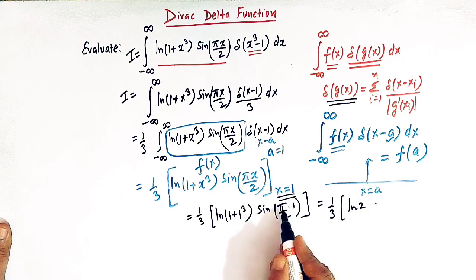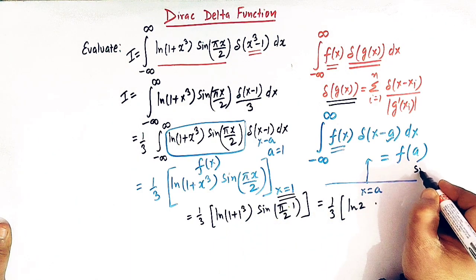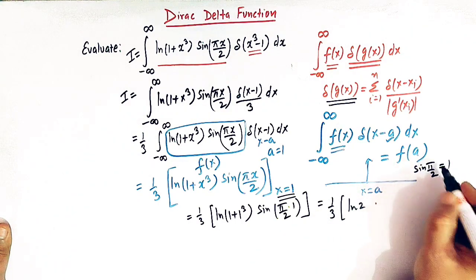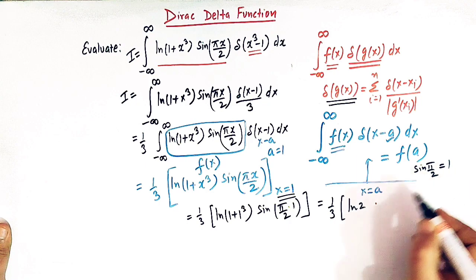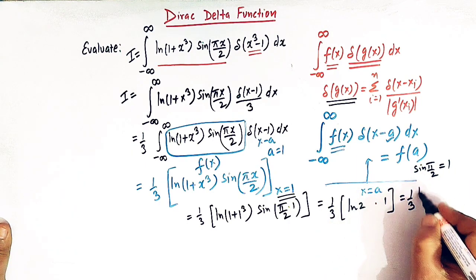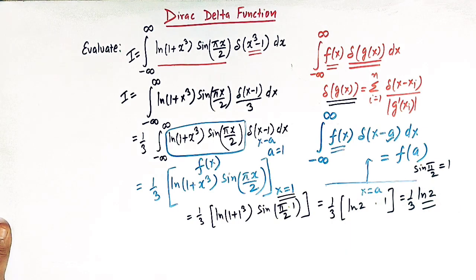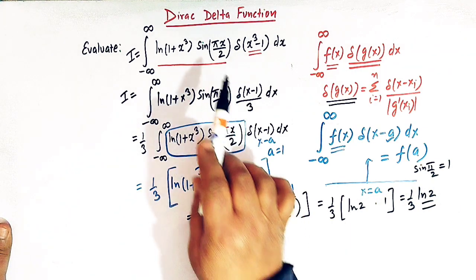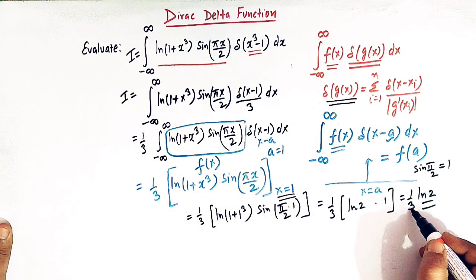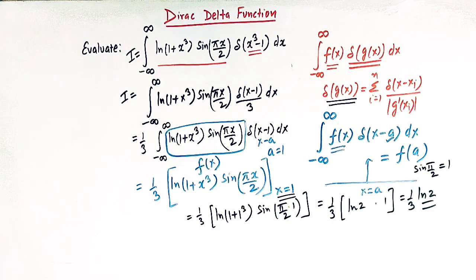And here we have sine pi by 2, and sine pi by 2 is equal to 1, because sine 90 degrees is equal to 1. So this is 1 over 3 log of 2, right? So viewers, the value of this integral is equal to 1 over 3 times the natural log of 2.